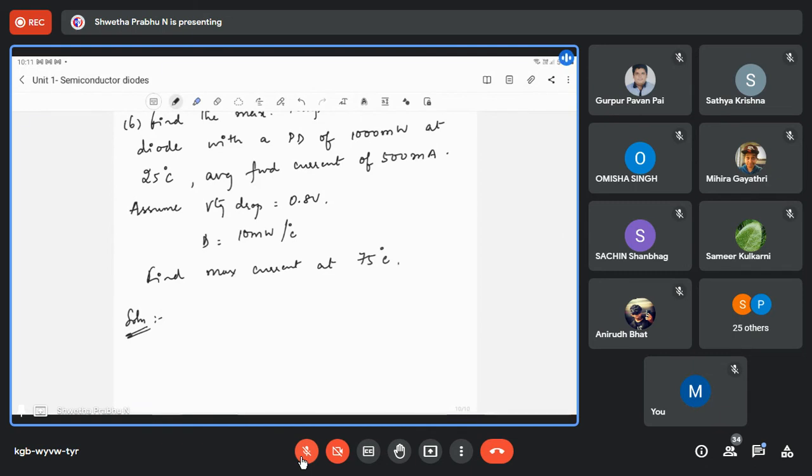T1 they have given, T2 you have to calculate by using the relation PT2 equals PT1 minus (T2 minus T1) into D. Is it 85 degrees?